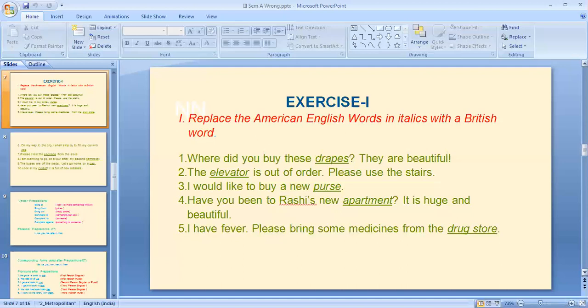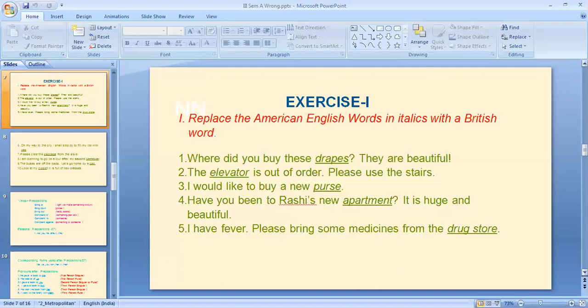And sentence number 5. I have fever. Please bring some medicines from the drugstore. So a person is asking his friend or family member that he has been suffering from fever. So please go to a medical shop and bring me some medicines from the drugstore. The word drugstore, where medicines are sold, is used by Americans.